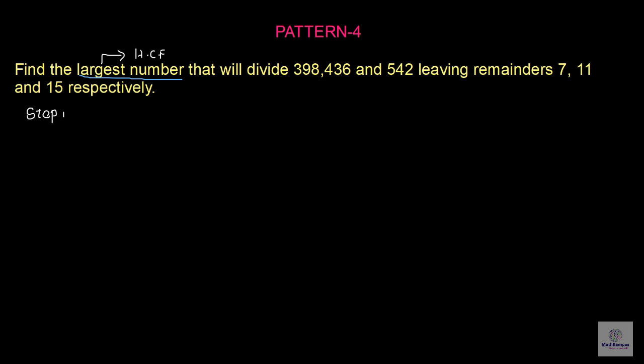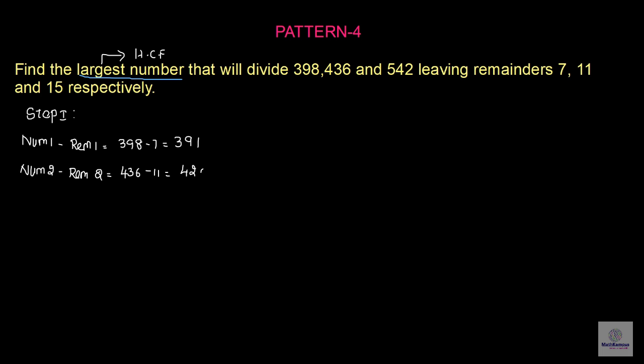Step 1ல number 1 minus remainder 1. That is, number 1 is 398, remainder 1 is 7. On subtracting them, we get 391. Number 2 minus remainder 2. Number 2 is 436. On subtracting 11 from this, we get 425.